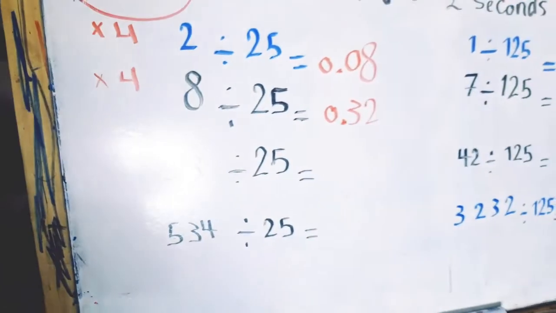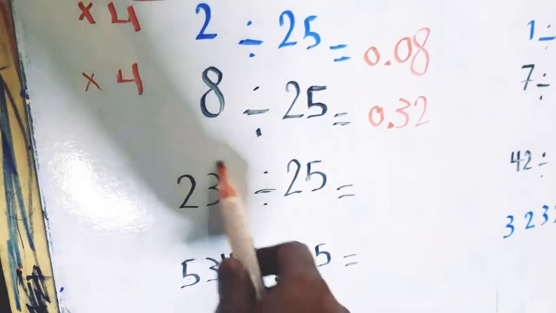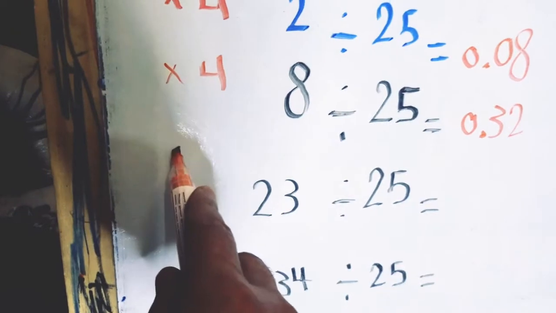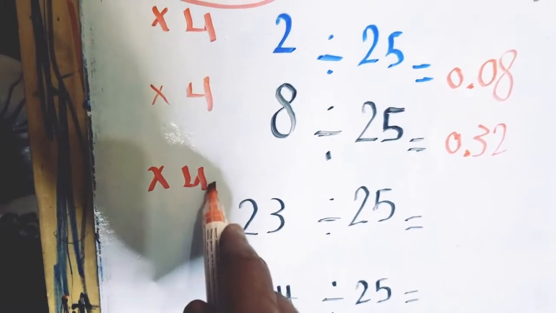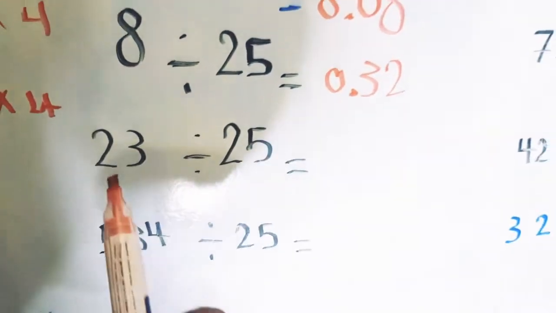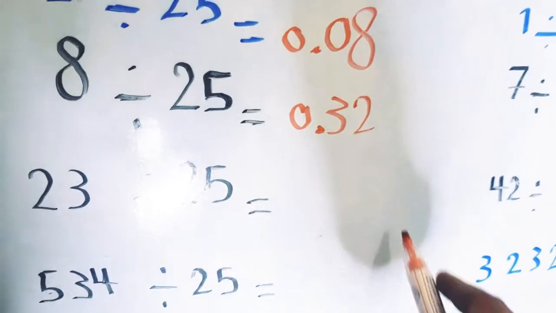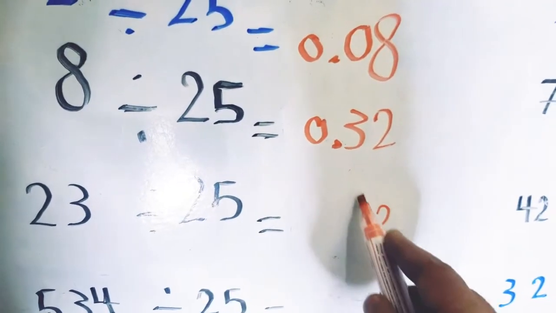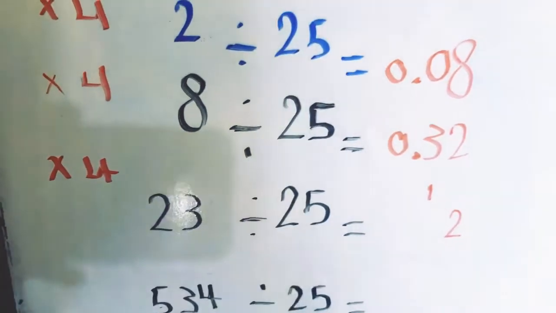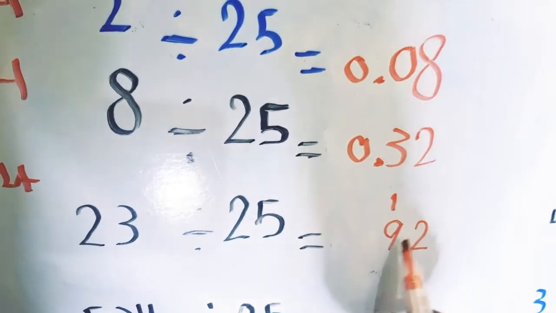23 divided by 25. We divide 23 by 25, so we must multiply the dividend by 4. Okay, let's try. 3 times 4 equals 12. We carry 1. 2 times 4 equals 8. 8 plus 1, 9.